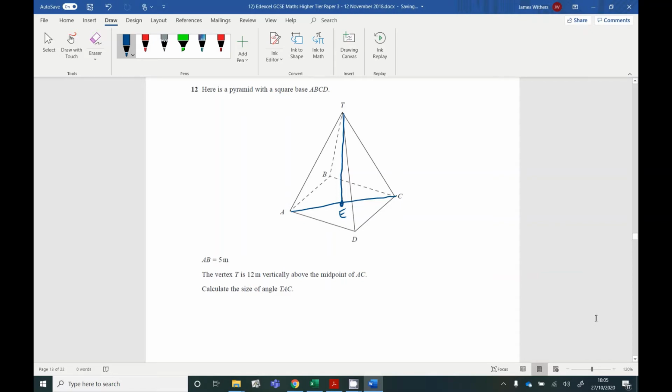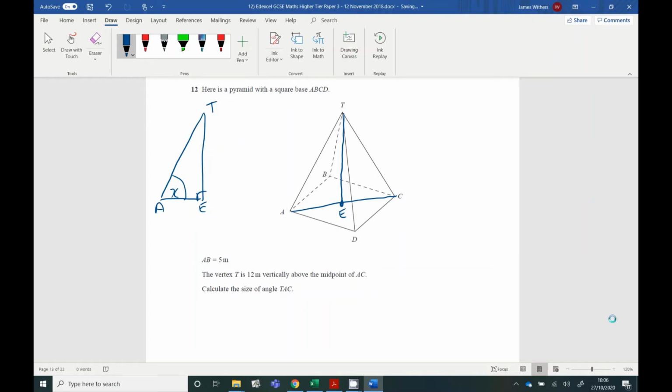So if we isolate the triangle TAE, we're being asked to calculate the size of the angle TAC, but that's the same as the angle from T to A to E. So I'm going to mark that angle there as X, being our ultimate aim to find that angle.